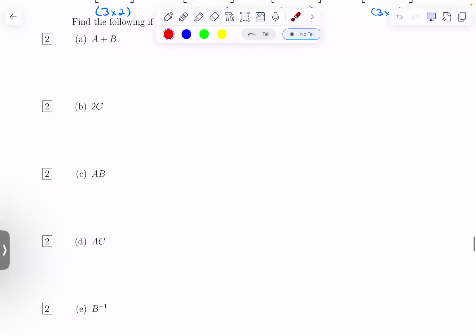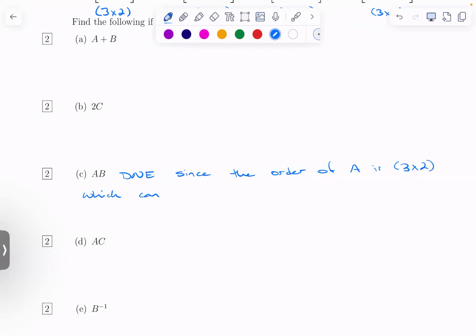And so here, we're going to say no, it does not exist, since the order of A is 3x2, which can only be multiplied by a 2 by n matrix.